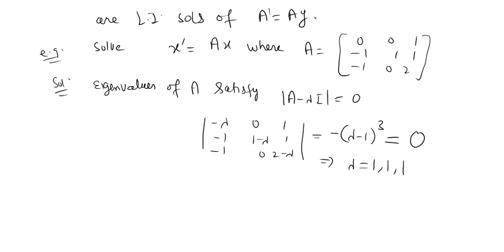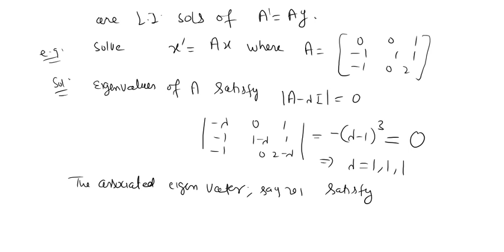So now the associated eigenvector, say v1, will satisfy the matrix equation (A minus I) v1 equal to 0.